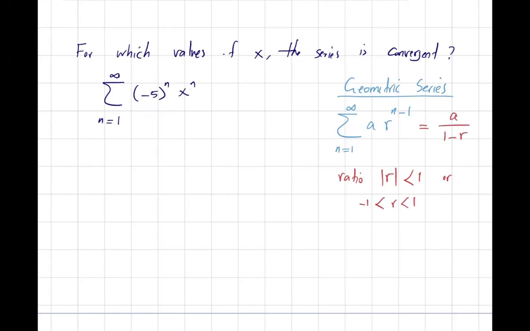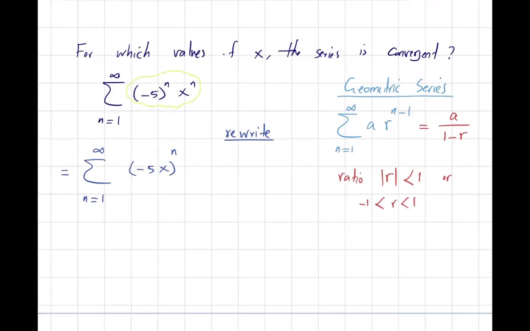So let us rewrite this series, and you get the summation of -5 times x to the power n, starts from 1, goes to infinity. I just combined these two because they have the same base.